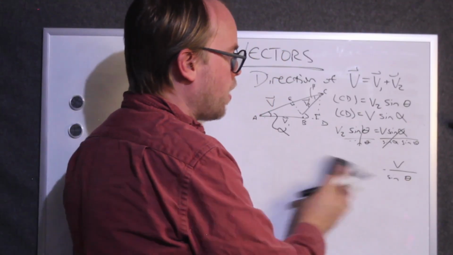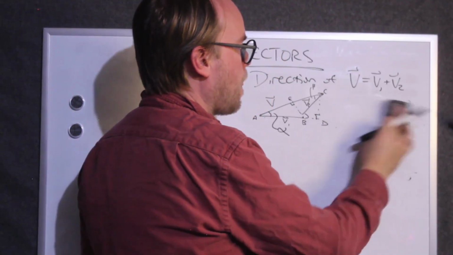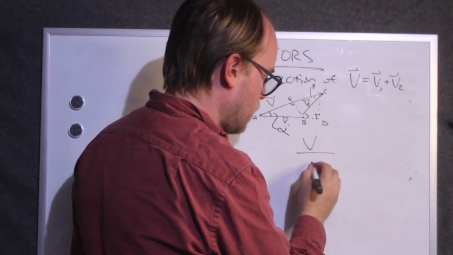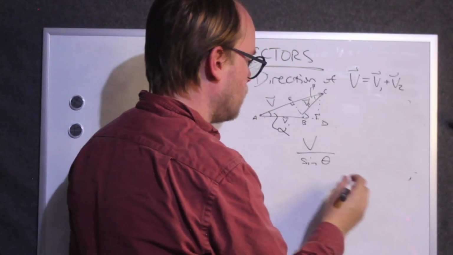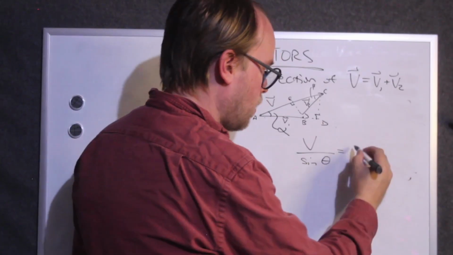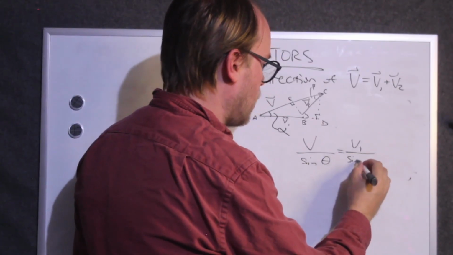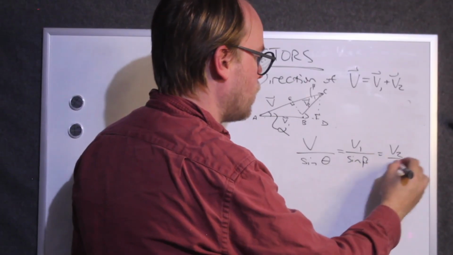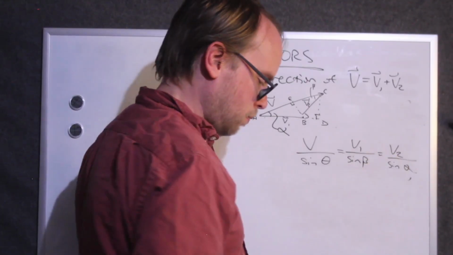But we can combine them all together and know that V over sine theta equals V1 over sine beta equals V2 over sine alpha.